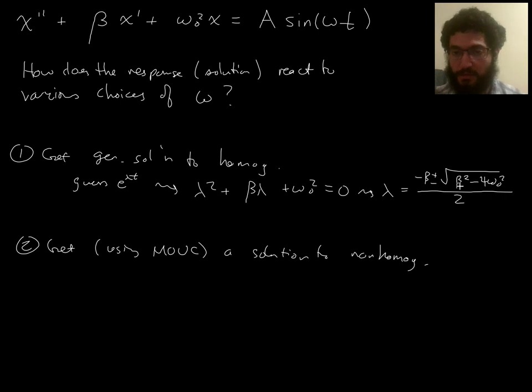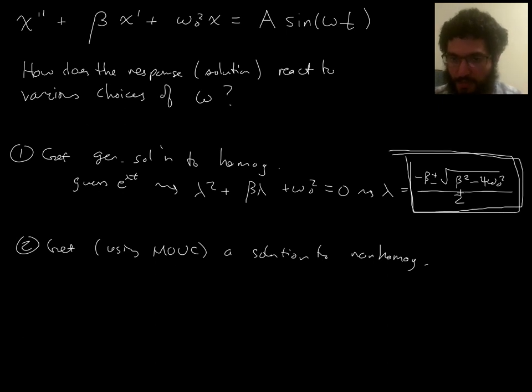Depending on how big beta is, if the damping is very large, then what's under the square root here will be positive, and you're looking at two real roots. But as we've discussed before, for this kind of damped harmonic oscillator situation, these end up being negative real numbers when what's under the square root is a real number.